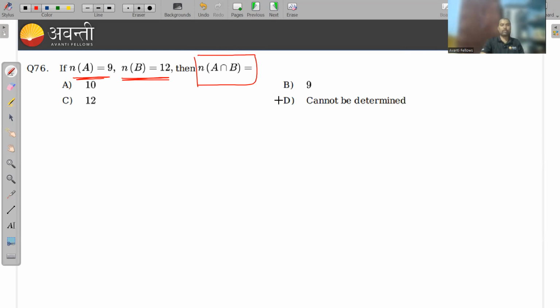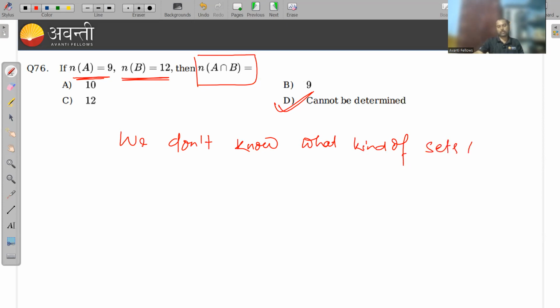The correct option is cannot be determined, because we don't know what kind of sets A and B are.